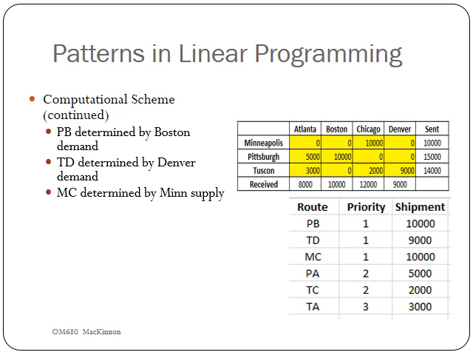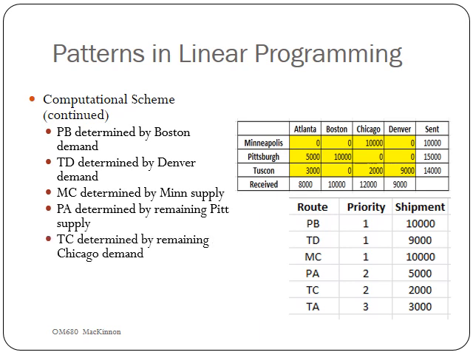Now, PA is a second priority route. It is determined by the remaining Pittsburgh supply. We sent everything that Boston wanted, then we sent all of the rest to Atlanta. Tucson, Chicago is determined by the remaining Chicago demand. Chicago took everything that Minneapolis could send, but it still wanted more, so it got it from Tucson.